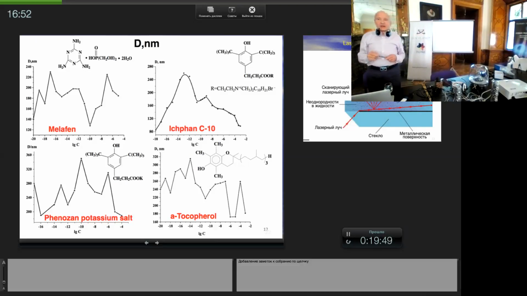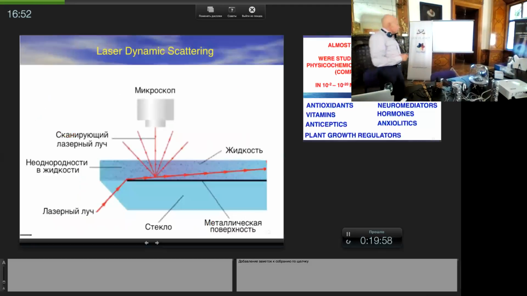But they've been using a lot of the most modern instruments that exist maybe in a couple of labs in the world. In particular, an instrument called laser dynamic scattering. This is a layer of water or liquid. Then they put laser light, and then they send another laser light that reflects from this laser light. And they study this reflection.